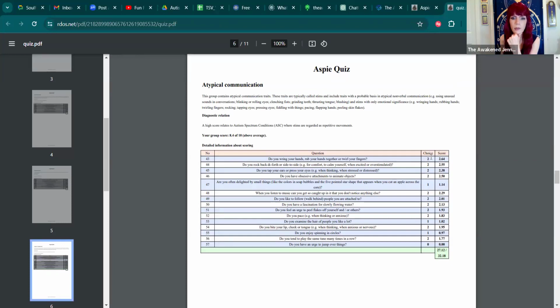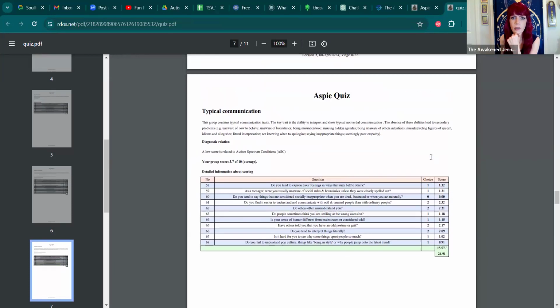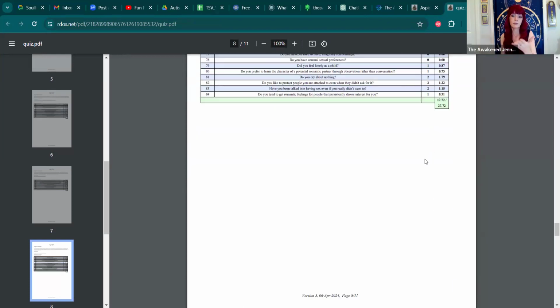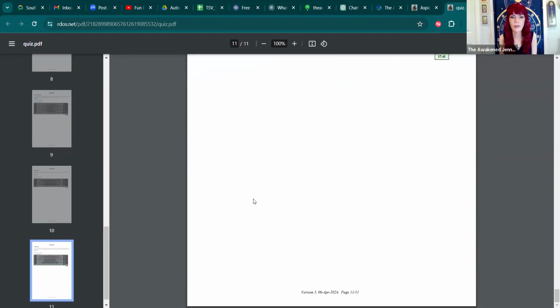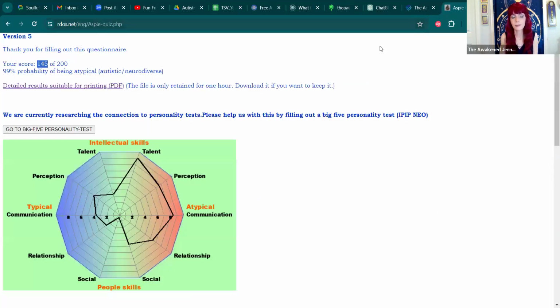And then atypical communication, typical communication. You can go through and you just learn so much about yourself by going through these different tests. I just think it's amazing. And just to see the visual of how it lays out is pretty cool too.